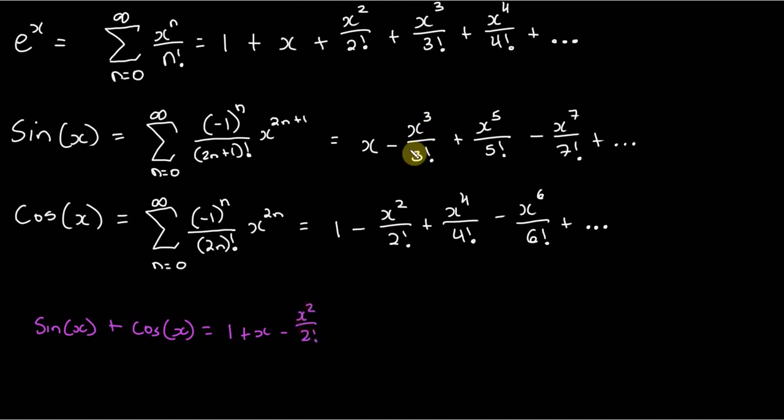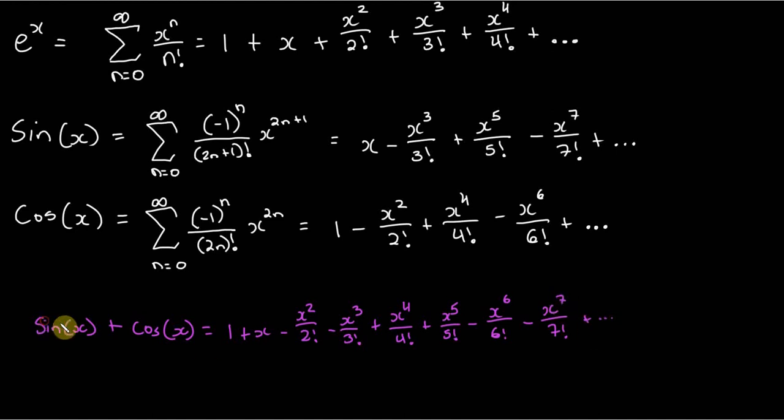Likewise, x cubed is the next term, but it's negative, so negative x cubed over 3 factorial. I'll just go on and write this out. Now we have x to the power 4 over 4 factorial, and that's positive. Likewise, x to the power 5 over 5 factorial is positive, minus x to the power 6 over 6 factorial, minus x to the power 7 over 7 factorial, plus dot dot dot, because that just goes on.